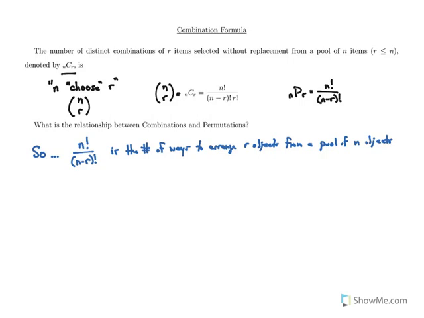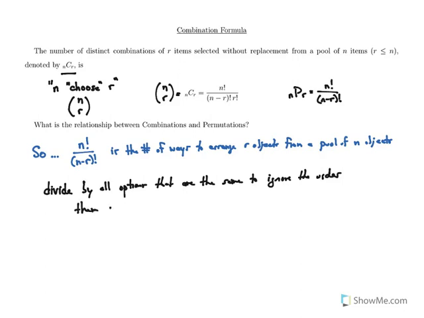So how do I get rid of the fact that order is important? Well, we divide by all options that are the same, to ignore the order. And there are r factorial options that are the same.